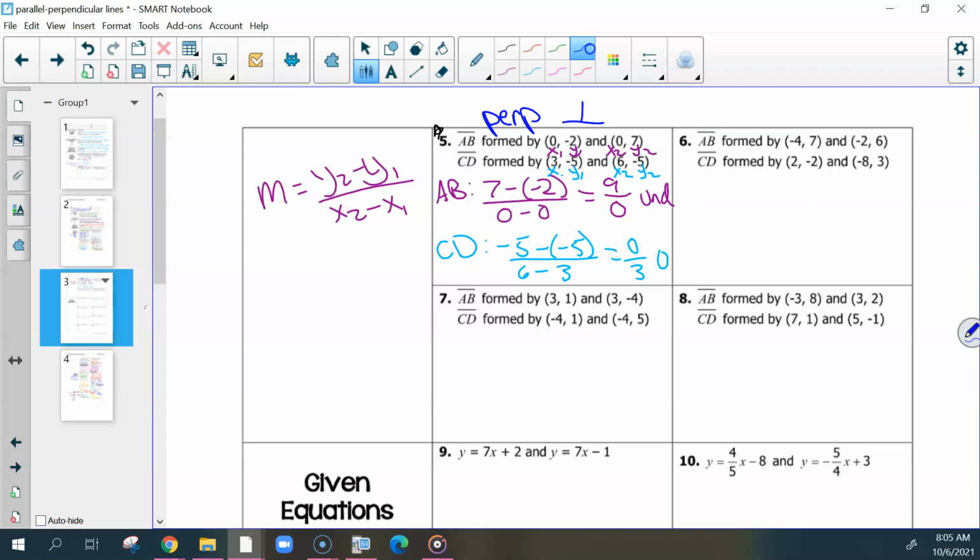Another way you can look at the slopes here, these x's are the same, and here these y's are the same. If you get something like that, they're going to be perpendicular. But if it were different, let's say these x's were the same, and then you got a different ordered pair where x's were also the same, then it would be parallel, or vice versa.